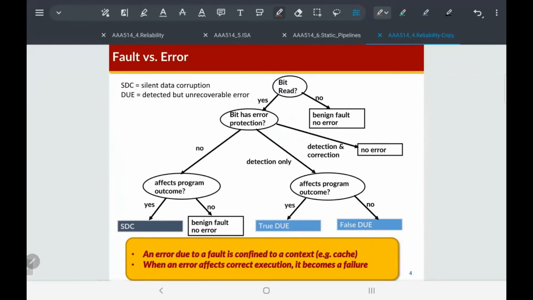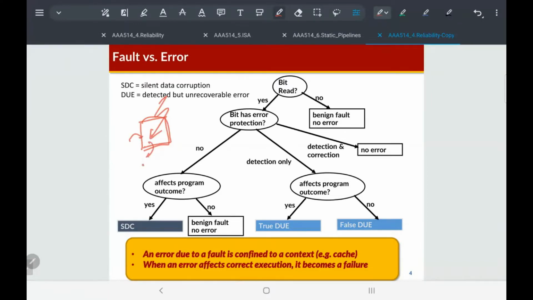But if we think about a change of data inside the processor, this change of data does not always cause errors. What does that mean? Think like this. This is the memory device, and our data is stored in it. Because of outer issues like radiation, the data inside this memory device changes.